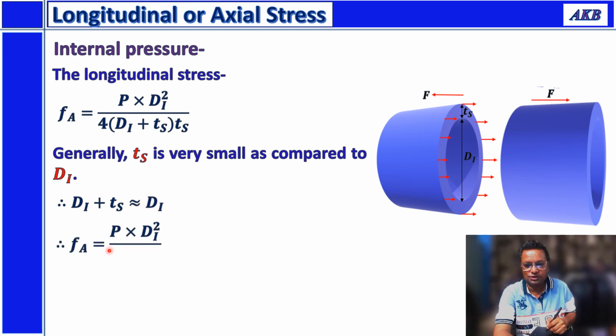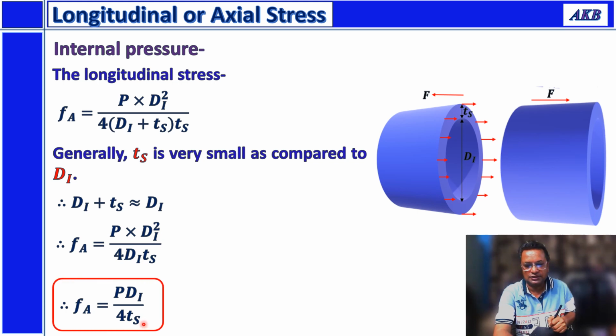So if you use this modification, you have axial stress Fa is equal to P into di square upon 4 into di into ts. And in the next step, one di will get cancelled, and you will have Fa is equal to P into di upon 4 into ts. So this is an expression for calculating axial stress or longitudinal stress that is induced due to internal pressure.